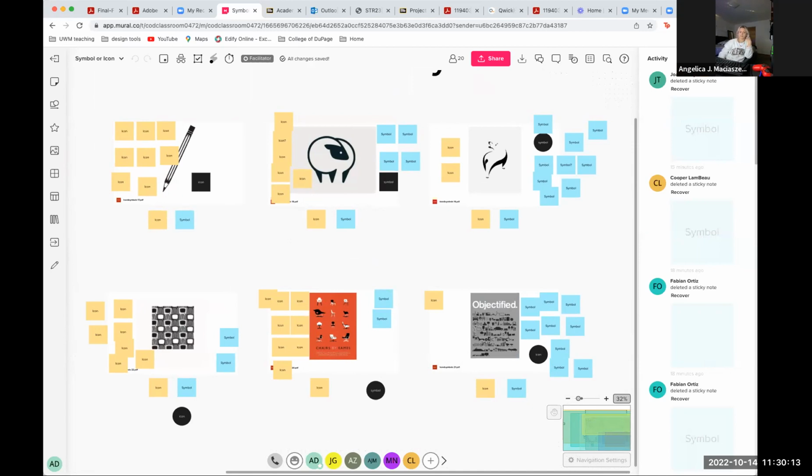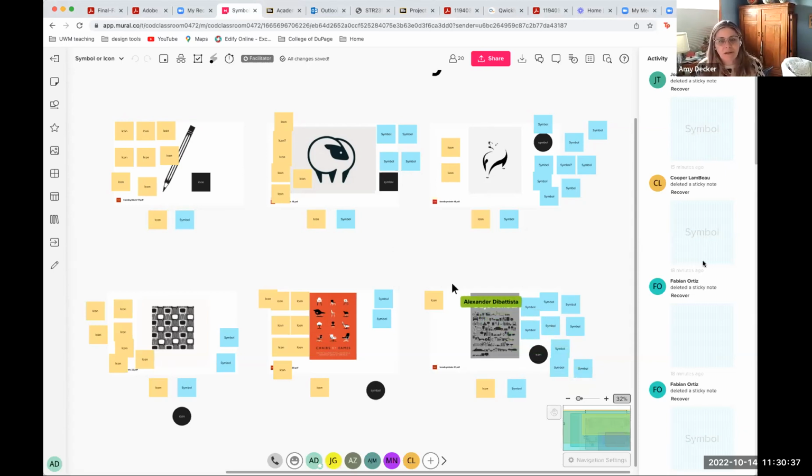They all represent something, but none of those can really be icons because icons are very direct. They're just one task, one answer, one solution. It's not like there's a meaning behind it that could mean this or that. It's just very direct. And the other part is that not all symbols are logos. So all logos are symbols, but not all symbols are logos.